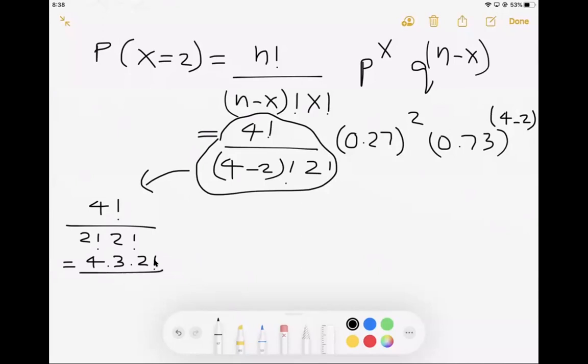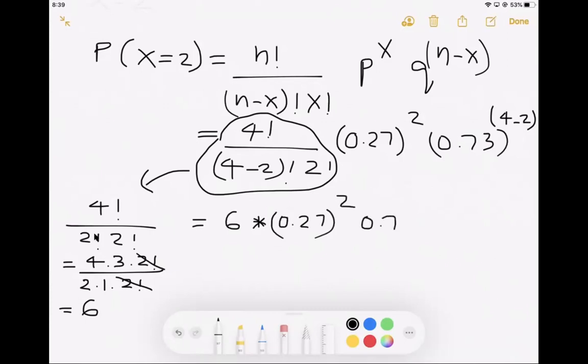Then this 2 factorial you can cut. Then what is the answer? It's 6. So the answer for this part is 6 times 0.27 squared times 0.73 to the power 4 minus 2, which is 2.